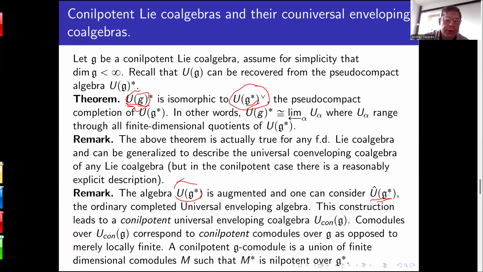And comodules over this coalgebra correspond to conilpotent comodules over G, as opposed to locally finite comodules. So this is a different, and I would say rather simpler construction, and maybe not quite as interesting.